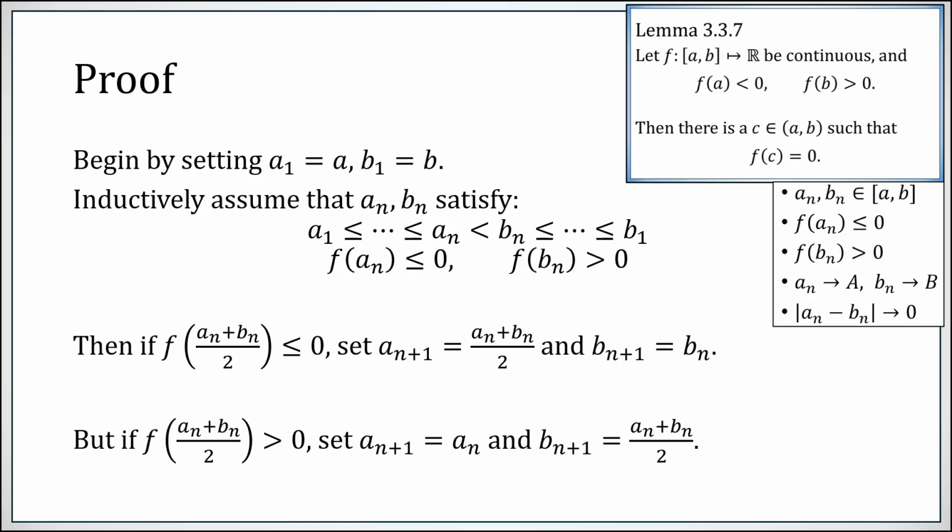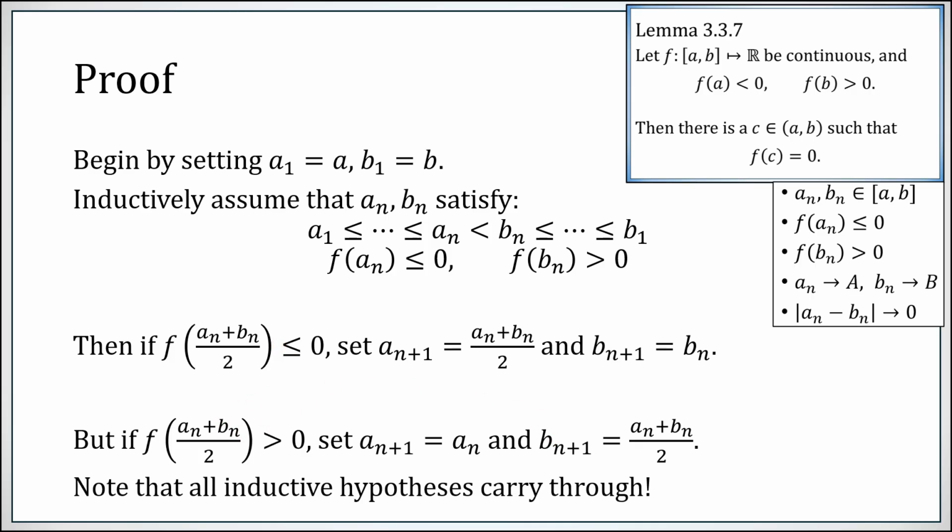And you are specifically making the choice in a way to maintain that f of the a's is always less than or equal to 0, and f of the b's is always positive. So if you have a sequence of a's and b's that has all of the properties we started with, your next choice will do the same.